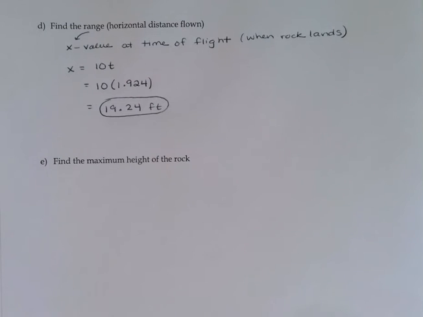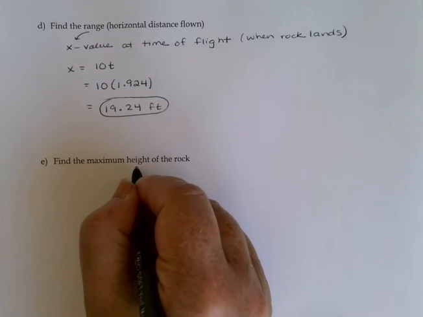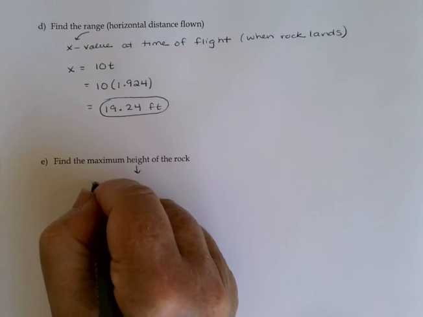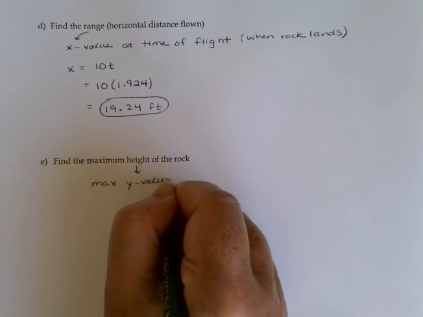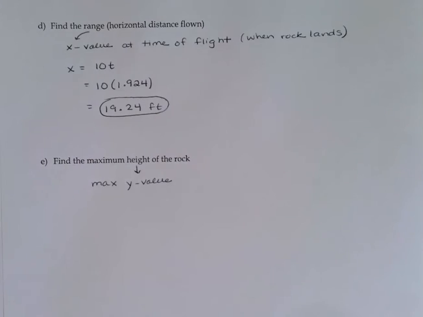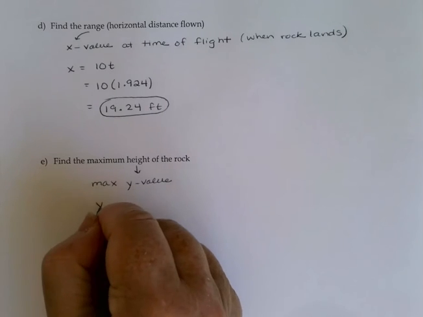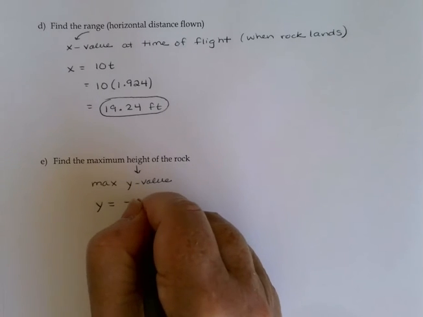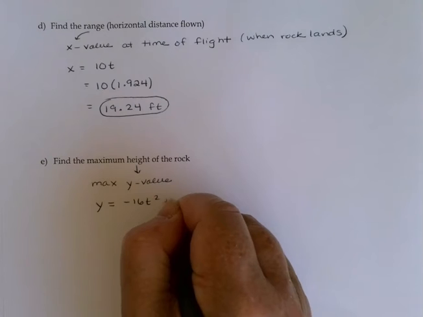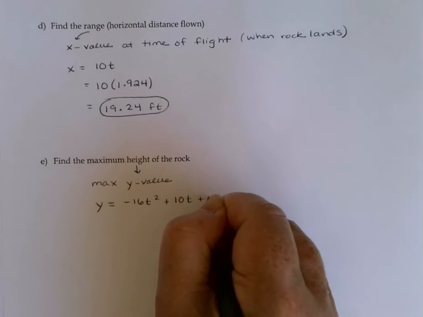Finally, in E, I want the maximum height of the rock. This is going to be the maximum y value. Since, of course, y is measuring our heights. And again, the y value from our initial position equation was negative 16t squared plus 10t plus 40.